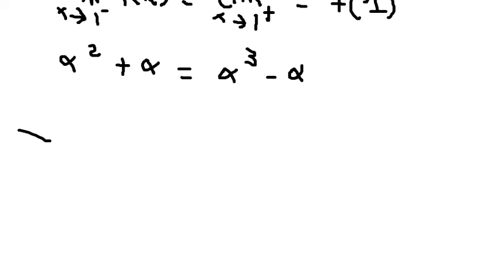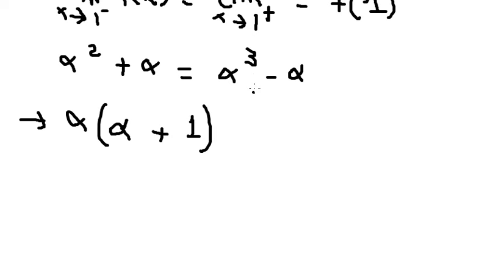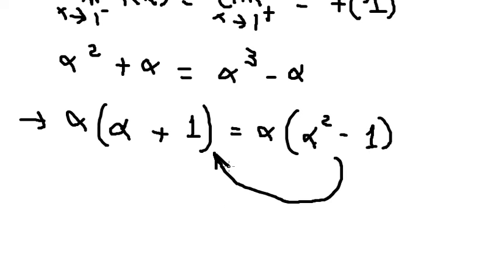So this one we can do factorization. We have alpha and alpha squared minus 1. And now I will put this one to the left.